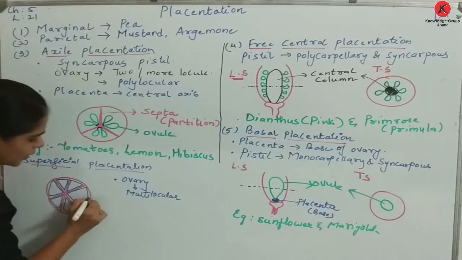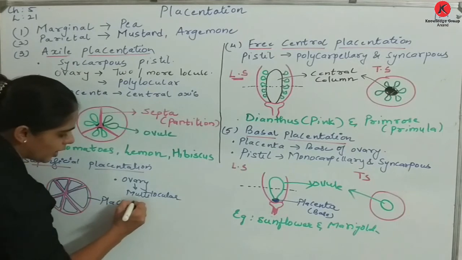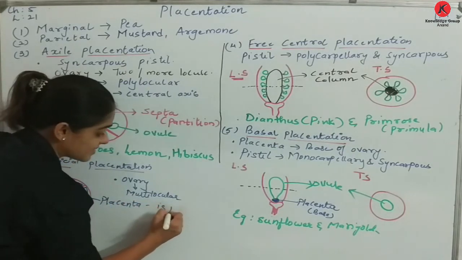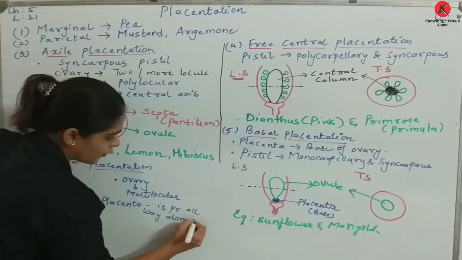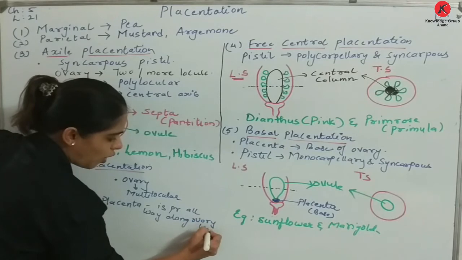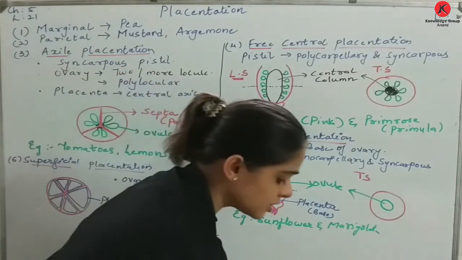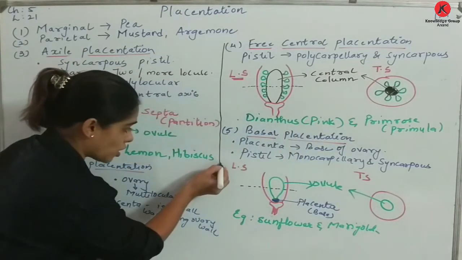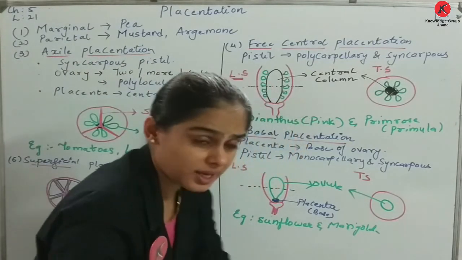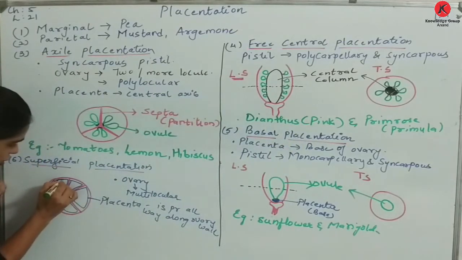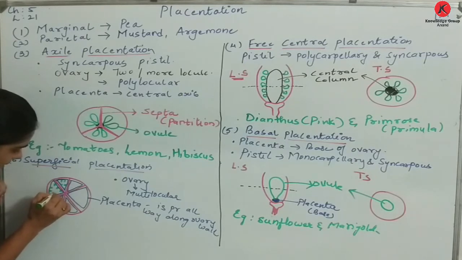So this blue colored one is your placenta, present all along the ovary wall. On the outer wall and also on the inner wall. Simple as that. And these small ones I am drawing, this green colored one, what is this? Placenta? Ovules are also going to be present everywhere.